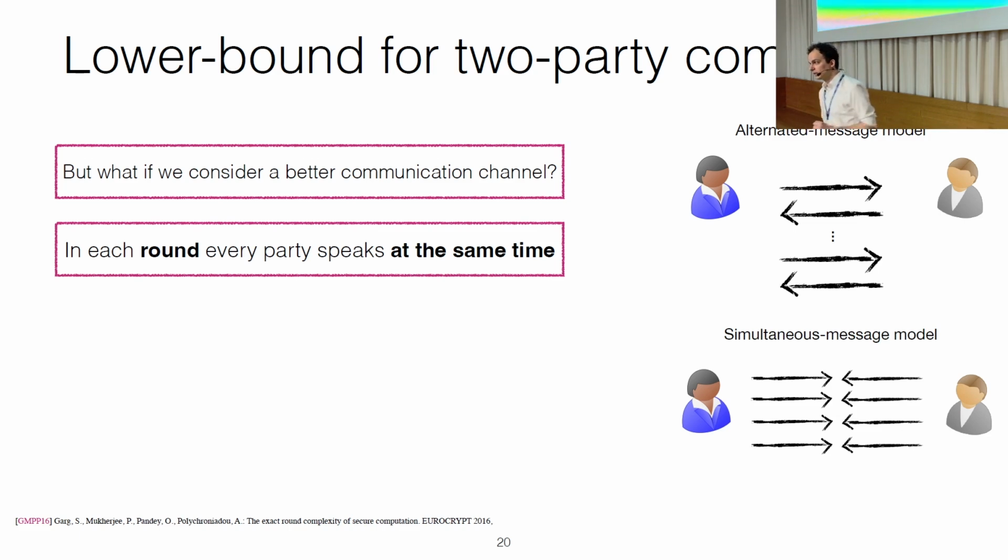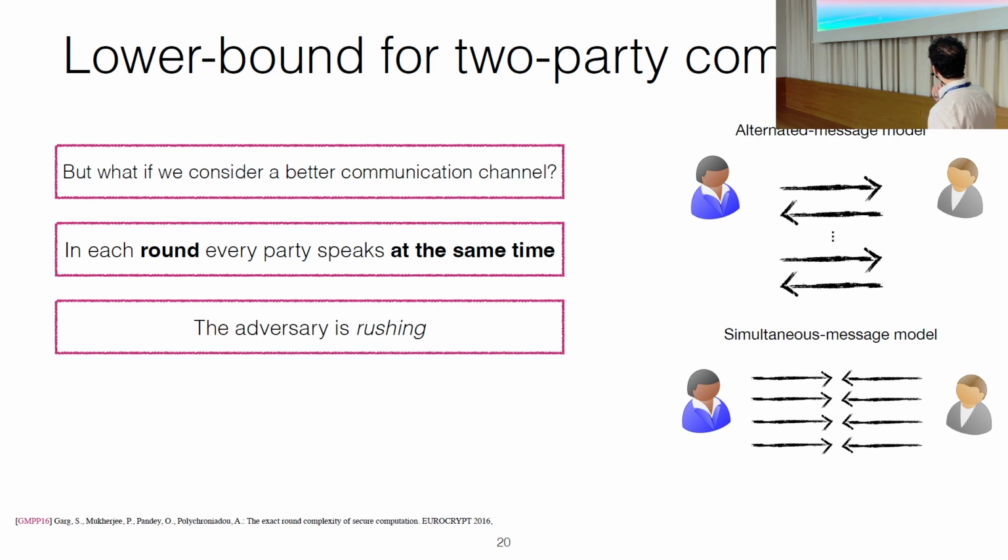And in the second round, we do the same. And in this model, what is important is that the adversary here is rushing, so the ith message of Alice is independent from the ith message of Bob, but the adversary, before sending its own ith message, can decide to wait for the honest party. Okay, that's what we mean by rushing.